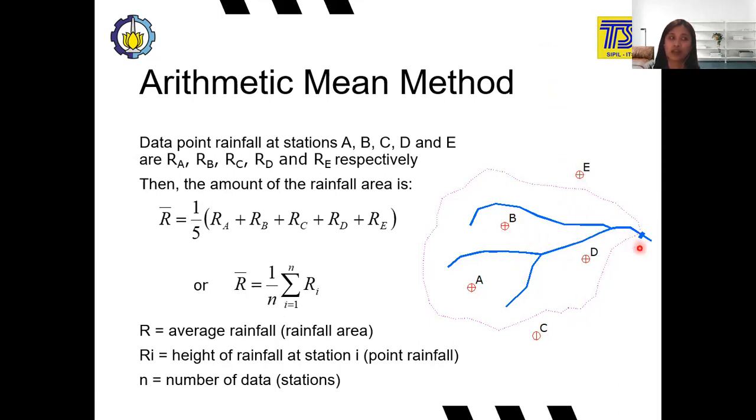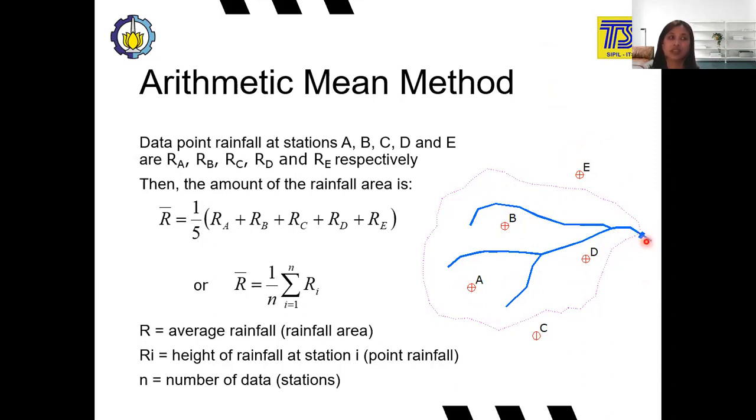If that's the case, we cannot calculate it with 5 stations, because it will be too far from the watershed. So the amount of rainfall recorded in the station will not represent this watershed correctly.